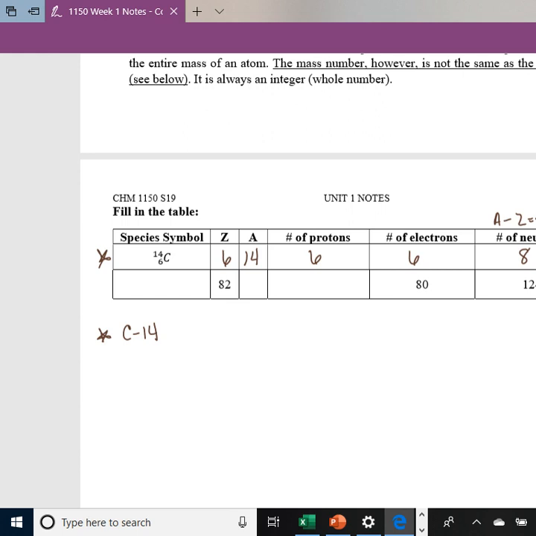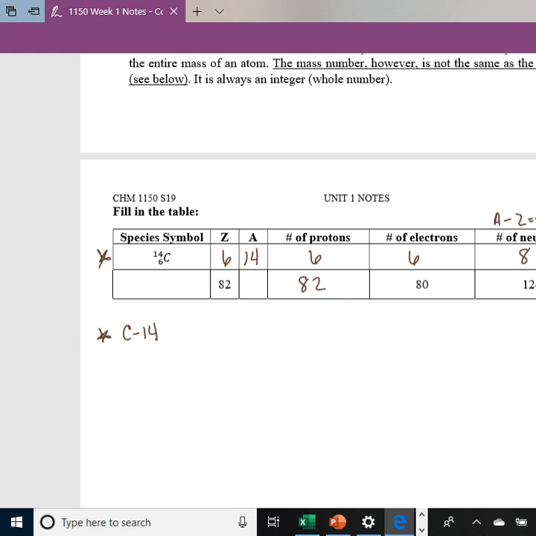In our next example, Z is 82, so automatically I know that I have 82 protons. And in this case, I am told the number of electrons is different than the number of protons. So I know that I'm dealing with an ion, and I'm also told my number of neutrons.